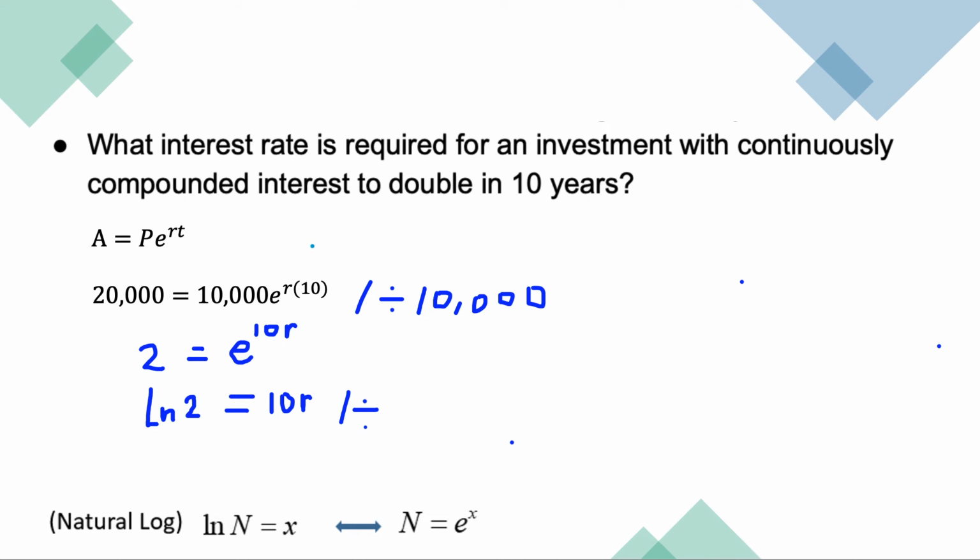By 10 we divide. And r is going to be equal to ln 2 divided by 10. Let me write this a little longer.